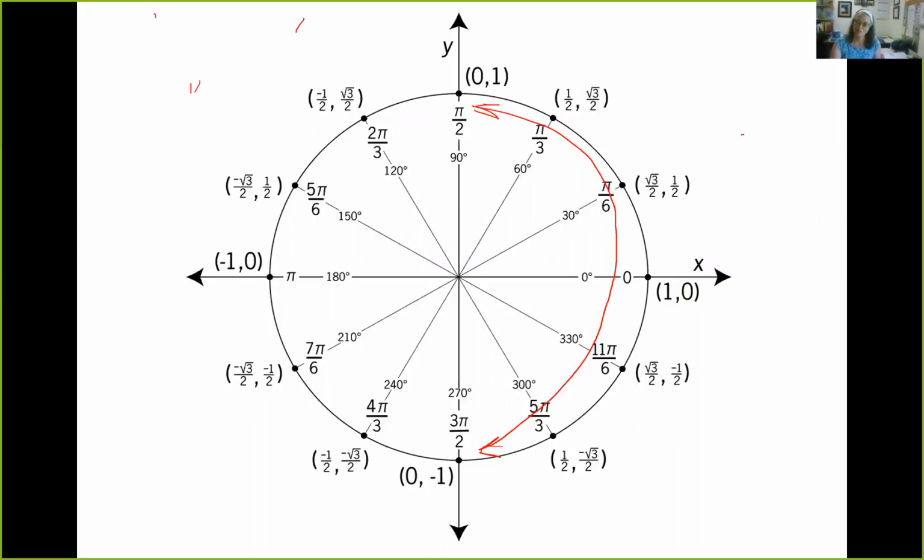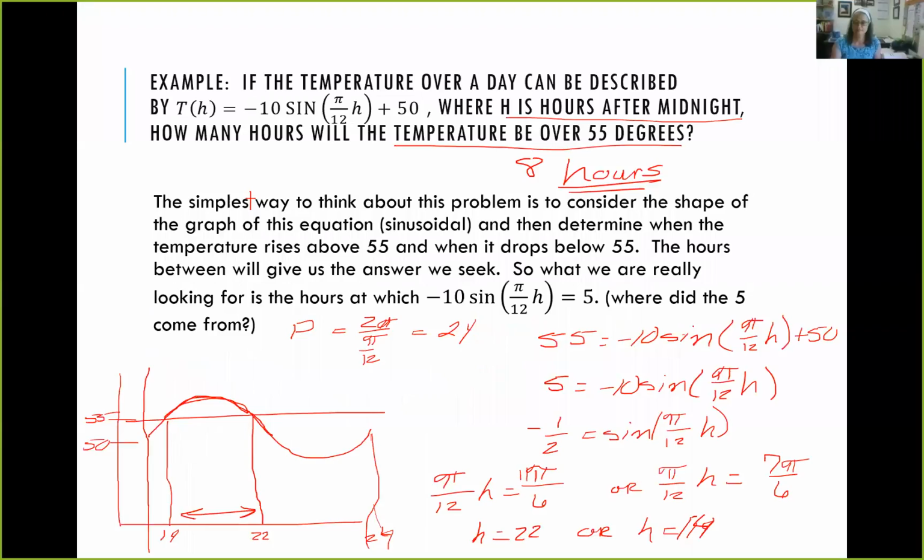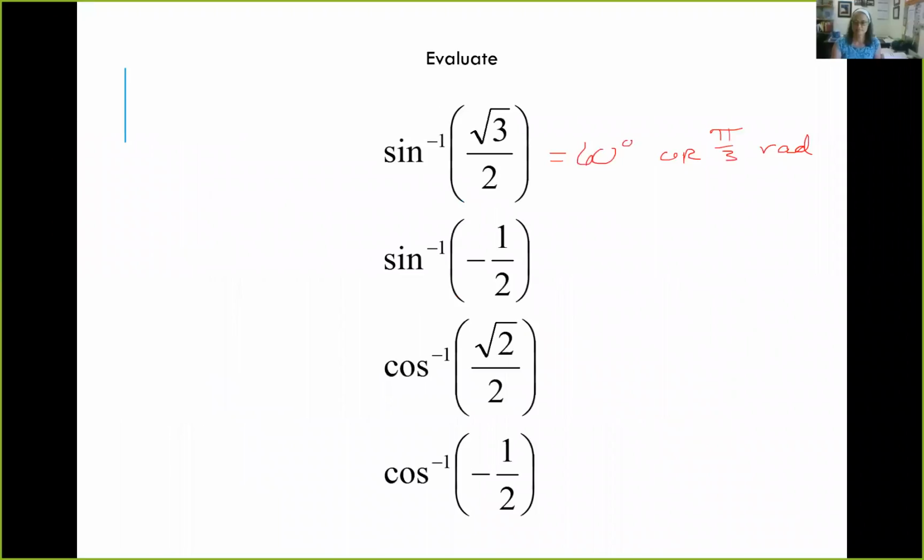Or more often we'll write that as -30 degrees. Or that is negative pi over 6 radians.